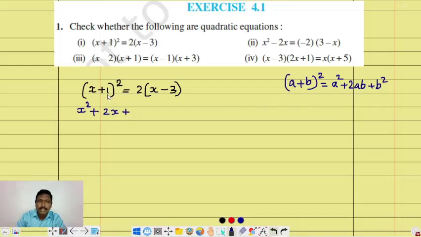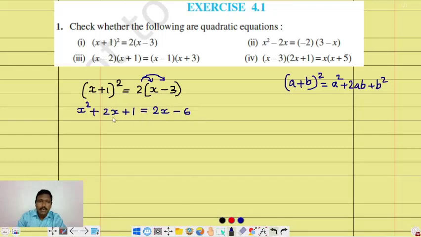Here in place of b we have 1, so 1 square is 1. This is equal to, opening the bracket using monomial by binomial multiplication, 2 into x is 2x, minus 2 into 3, which is 6.